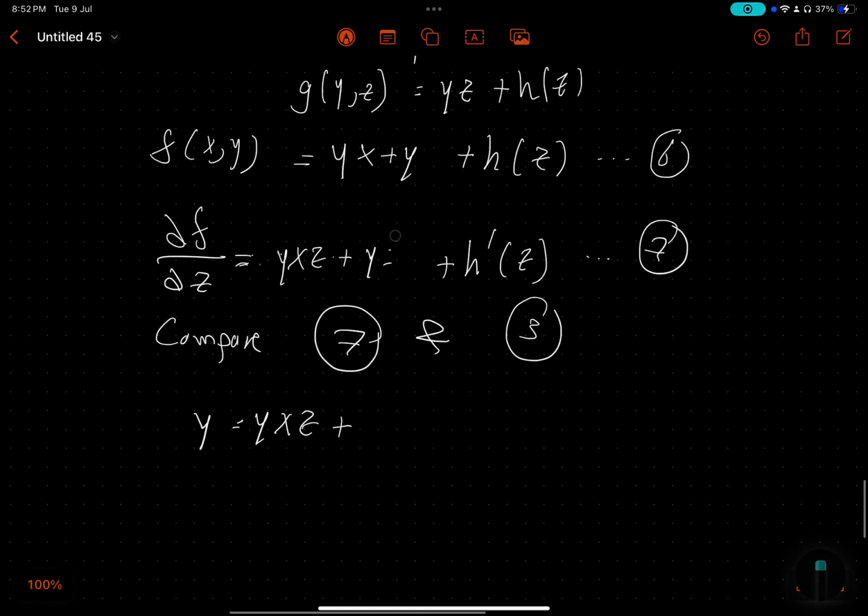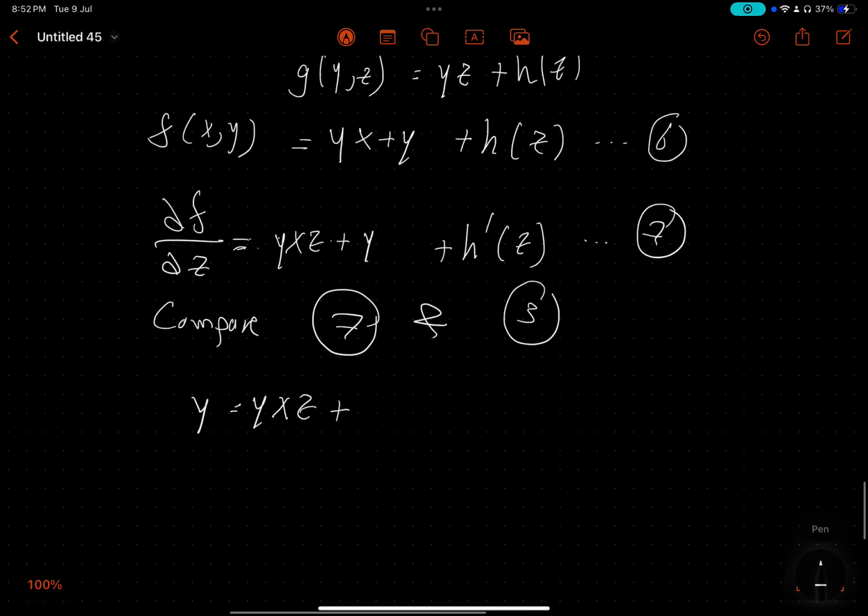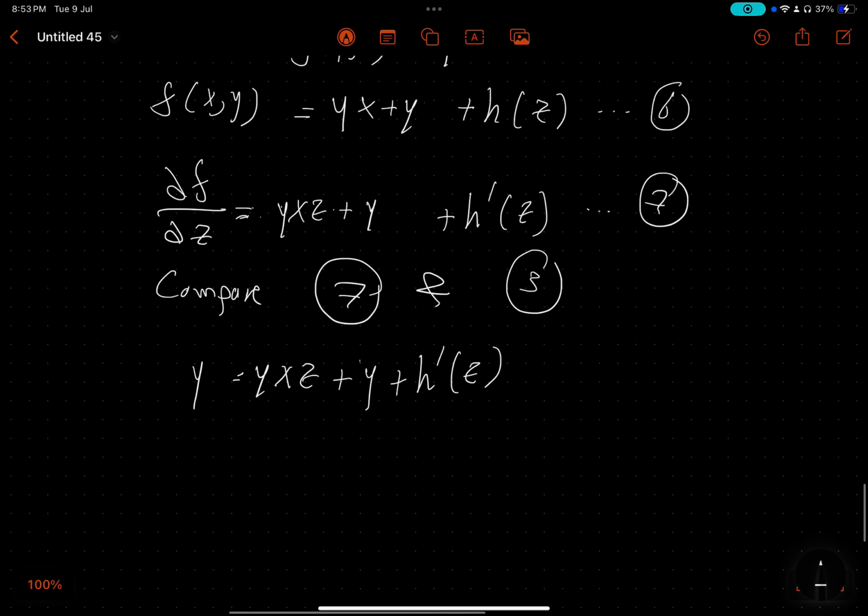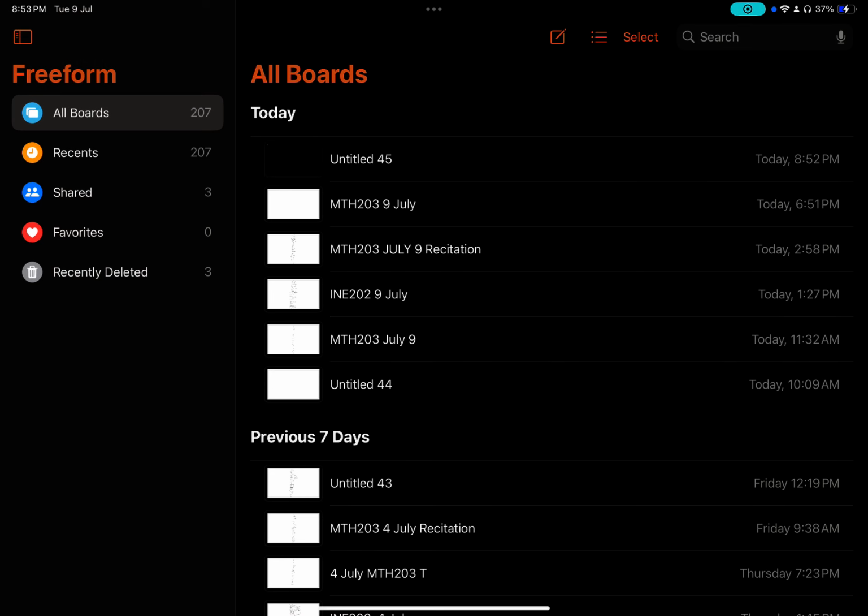I'm differentiating, not integrating. Okay, so now this makes sense. That's y plus h prime of z. Now these cancel. H prime of z equals minus yxyz. Is this true?